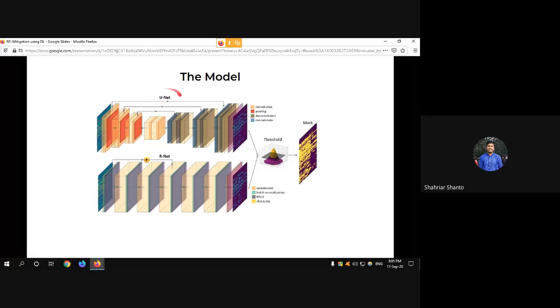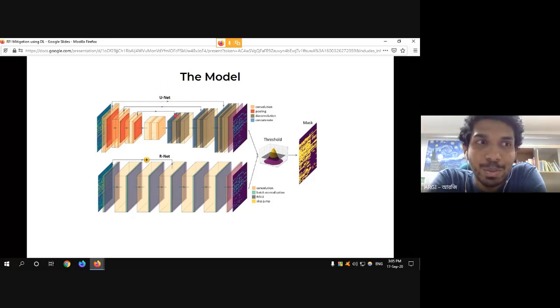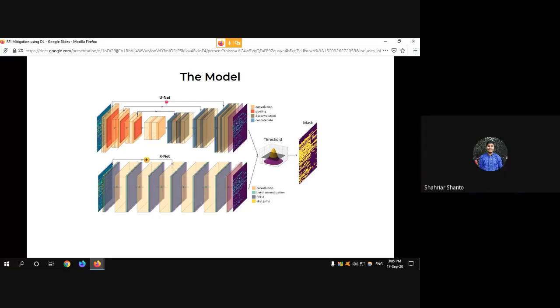The UNet was first used in biomedical imaging, for example to detect cancer or other diseases. Maybe also say, for others who don't know, what segmentation is. Segmentation means classifying images into classes.